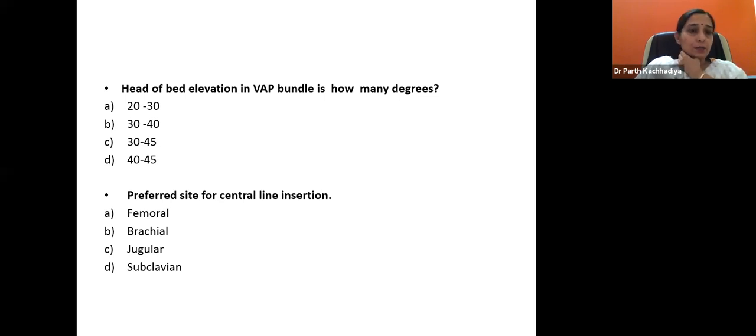Here is the answer, this is the slide. For the bed elevation, it is 30 to 45 degrees, that is option C. And the preferred site for central line insertion is jugular and subclavian. Both are correct answers. Preferably subclavian, as there are fewer chances of infection compared to jugular.